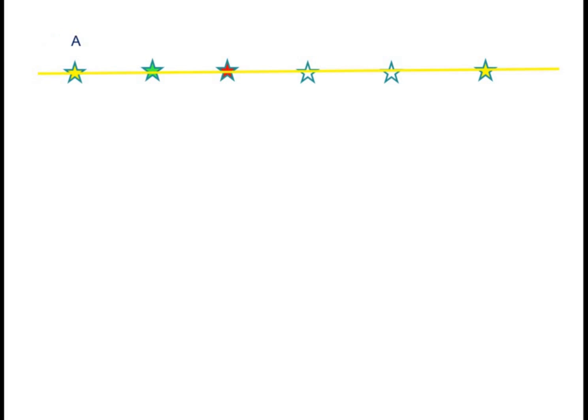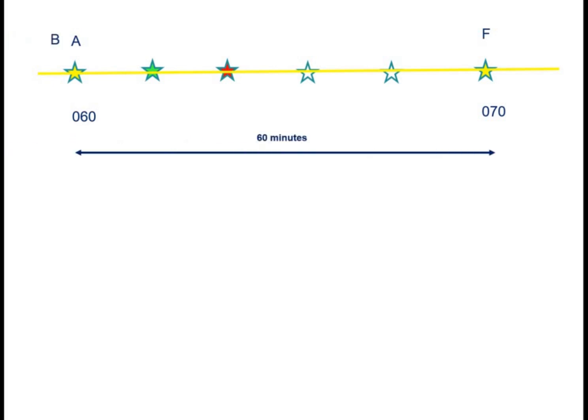So the aircraft is flying from point A to point F. Point A represents the current position at 060 hours. Point B represents top of descent, which is a waypoint inserted by the aircraft's flight management system.